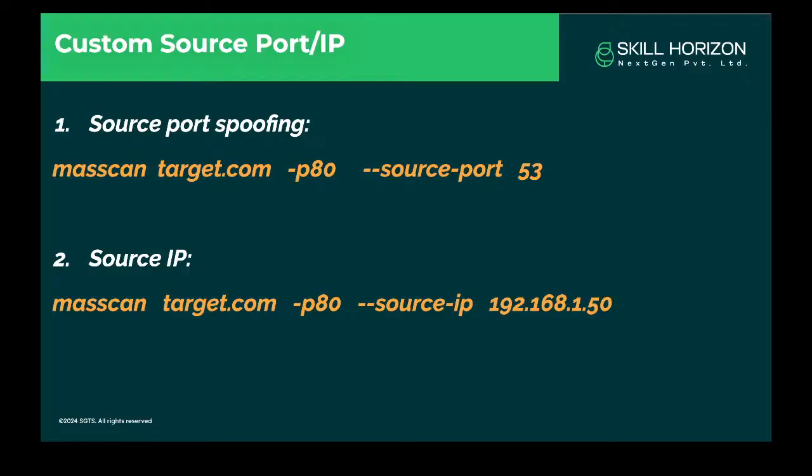So now your scan will be performed with port number 53. And if you want to scan the target with a spoofed IP, you can use the option hyphen hyphen source hyphen ip and then provide the spoofed IP address, and now your scan will be performed with that IP. So these two commands are also very helpful whenever you want to launch a scan.